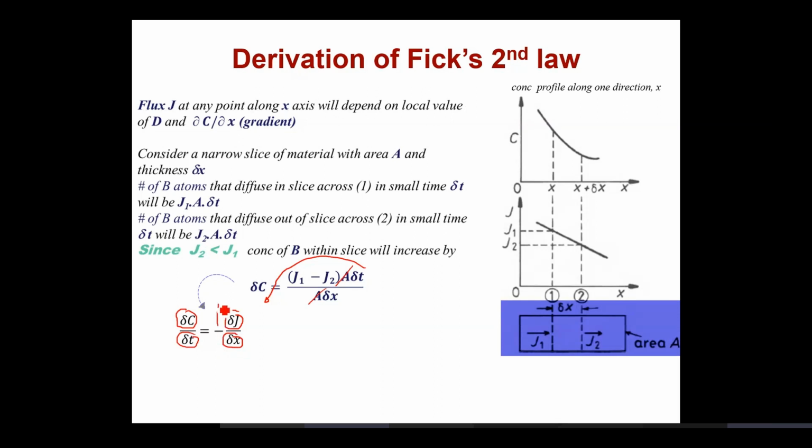Why do you have a negative sign? The change in flux delta J is essentially J2 minus J1. Alright? Here you have J1 minus J2, which is a positive value, since J1 is higher than J2. But J2 minus J1 would be a negative value, that's why you have negative sign over here. Alright?